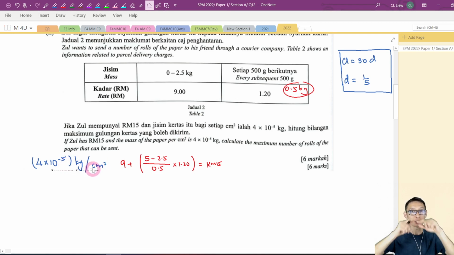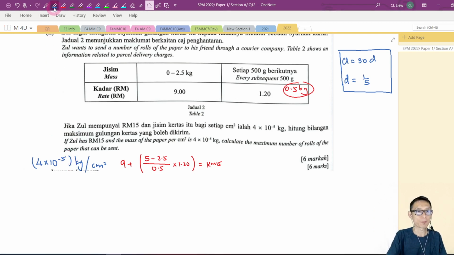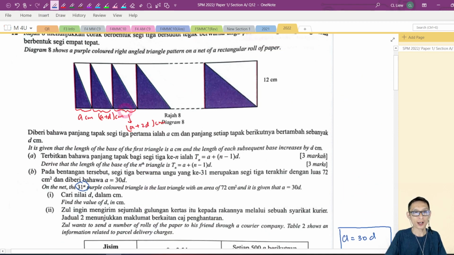So if I know the total area of the roll of the paper, then I will know the mass for a roll of the paper. Okay, now I need to find the sum of the base length for all of this, and then times 12. I will get the total area here.